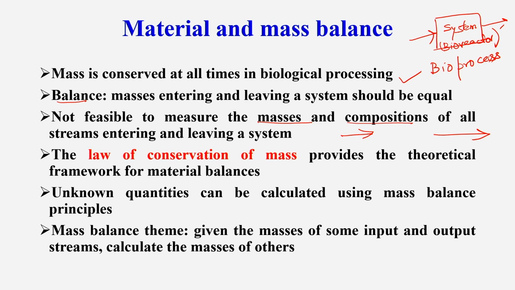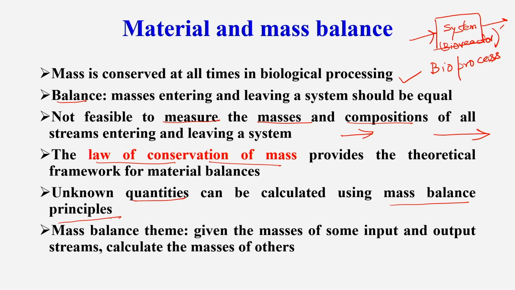That enables us to calculate the mass and composition of most of the streams, which is difficult to measure experimentally. How is it done? It applies the law of conservation of mass. So, basically it provides the theoretical framework for material balance. The objective is that we should be able to get the unknown quantities using these mass balance principles.